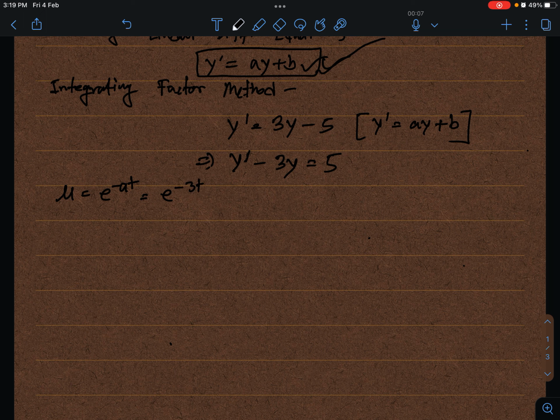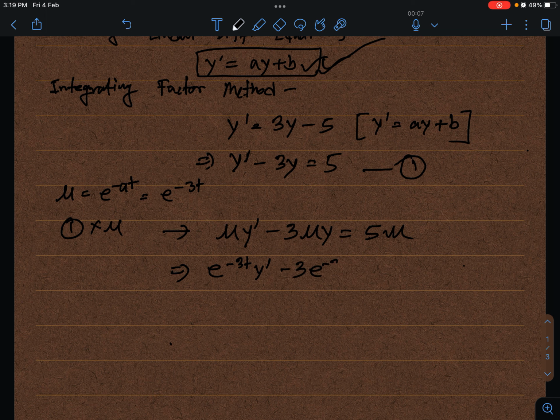Multiplying both sides of equation 1 by mu, we get mu y prime minus 3 mu y equals 5 mu. So we have e to the power minus 3t y prime minus 3 e to the power minus 3t y equals 5 e to the power minus 3t.